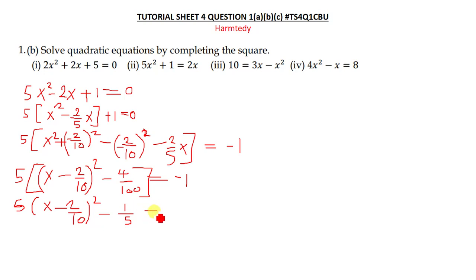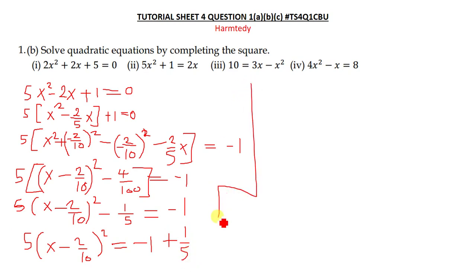And then this is equal to negative 1. So we take this to the other side of the equal sign. You have 5 times x minus 2 over 10 squared, and then you take this to the other side of the equal sign. You're going to have negative 1 plus 1 over 5.